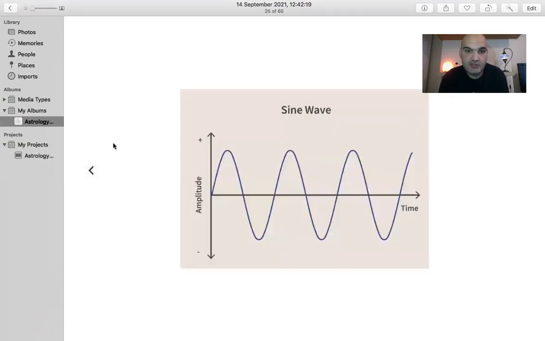So yeah, as you can see here, the 0 point is this middle point here, and it goes up and down, up and down. So in basic terms, the half of the wave that is on top would symbolize the sun during the day. So this would be the sun rising, and then this would be the sun setting, and then this would be the sun below the horizon.